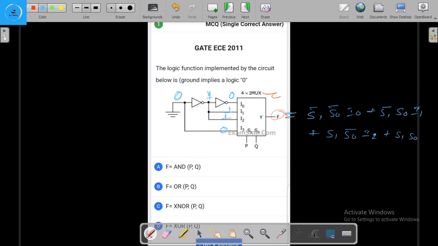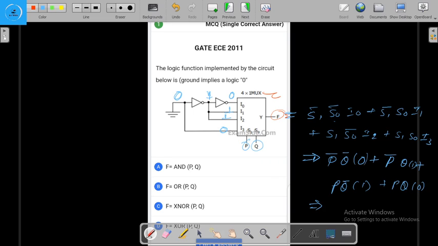Here S1 we have connected to P and S0 we have connected to Q. So we can say P bar Q bar times 0, because here I0 is 0, plus P bar Q times 1, plus P Q bar times 1, plus P Q times 0, right?